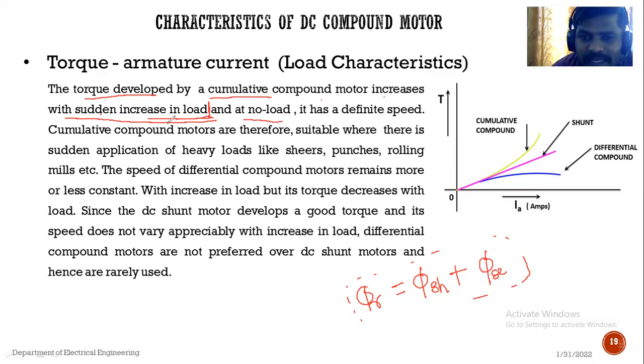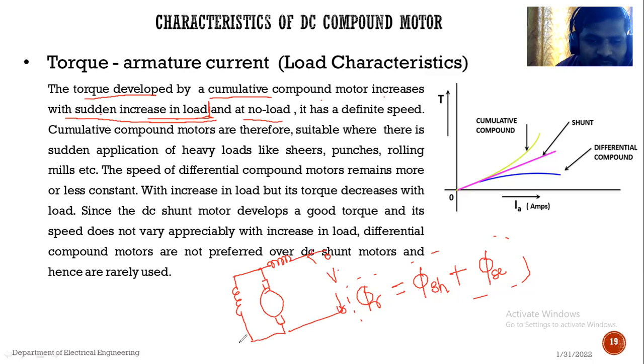Shall I draw the diagram here? This is the shunt field winding, this one is the armature of the DC compound motor, and this one is the series field winding of the compound motor. Here is the supply voltage, and here is the mechanical load on the machine. See, what is a cumulatively compounded motor?